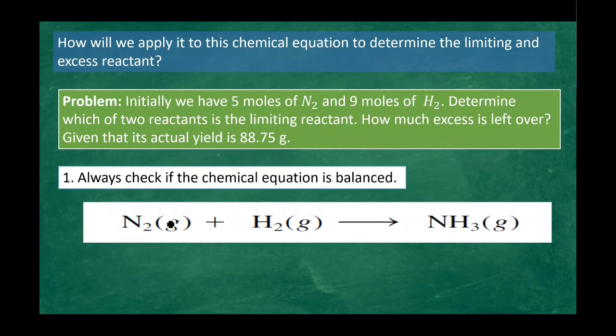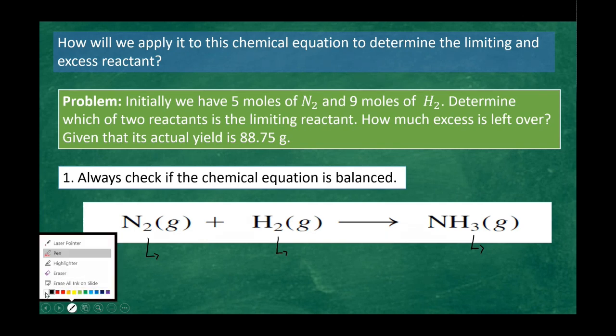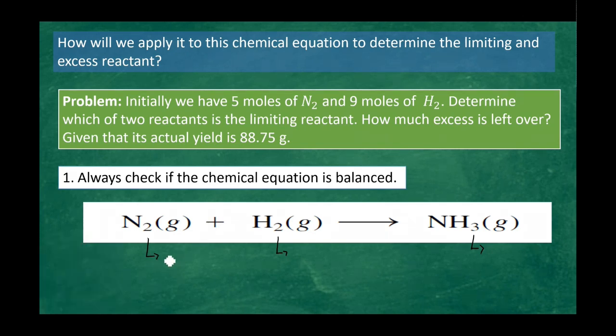This one, and this one, and this one are all the same. This is the number of atoms. Meaning, when we draw this nitrogen, we will have 2 nitrogen.